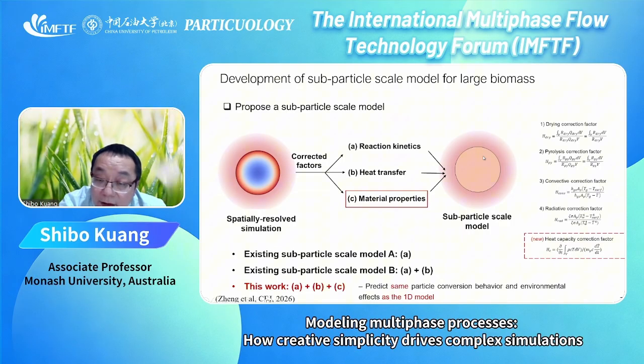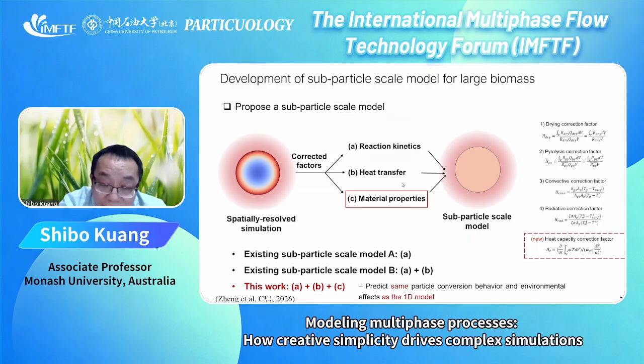This model is computationally efficient, while the spatially resolved method is very time demanding. So the idea is quite straightforward. However, in the process of establishing the correlation to determine the correction factor, we needed to identify different mechanisms for reaction kinetics, heat transfer and material properties.